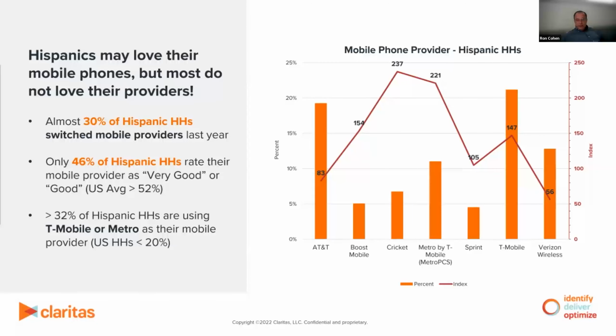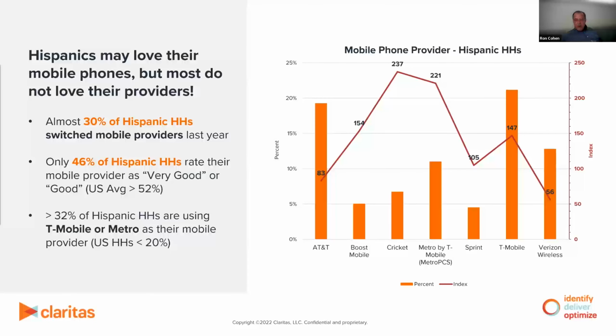Now, who has done a good job? T-Mobile has done a good job, primarily through their purchase of Metro, right? Metro PCS did an excellent job catering their products and services to Hispanics. They had a very high index. I live in Miami, and I can tell you that there's stores all over the Hispanic neighborhoods, and they're lined up out the door.